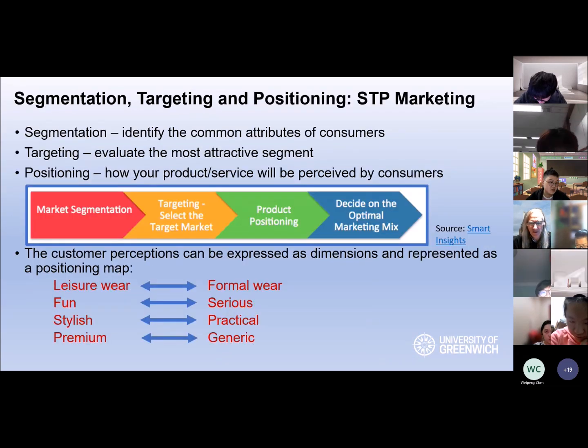What we're doing then is we're going to look at marketing in its broader form, and one way of doing that is using the STP marketing model, which is segmentation, targeting, and positioning, where you gradually, progressively focus on the point of the sale to the consumer and converting them into a customer.